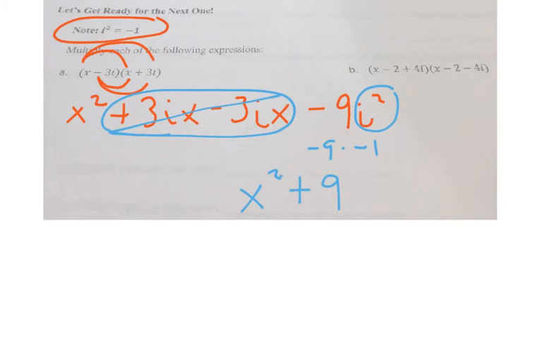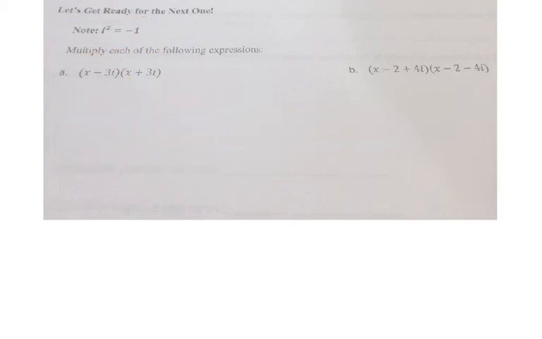Okay, so for the second one, it's a little bit more complex because you have more terms that you're multiplying together, but we still want to be methodical about it. We're going to do x times x and get x squared, and then x times -2, so that gives me -2x.